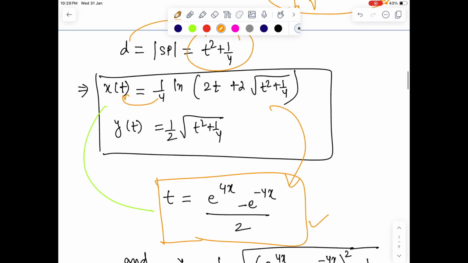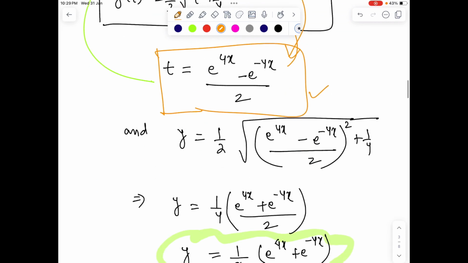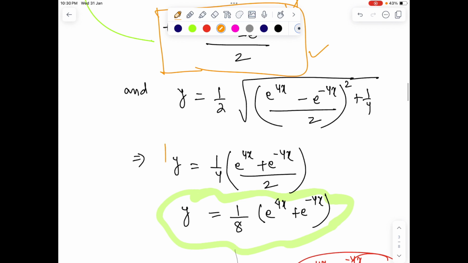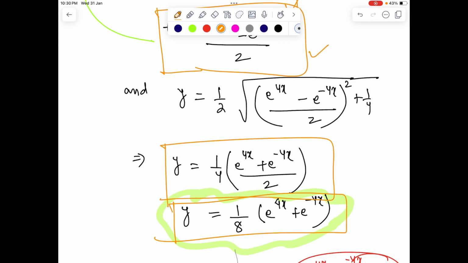If we square it, directly we'll get the value of t as (e to the power 4x minus e to the power minus 4x) by 2. If I plug this value into the y coordinate, we get it in terms of the x coordinate. So it's (a minus b) whole square plus something that can be written as (a plus b) whole square plus 4ab. So the y value we got in terms of x comes down to be 1 by 8 (e to the power 4x plus e to the power minus 4x).